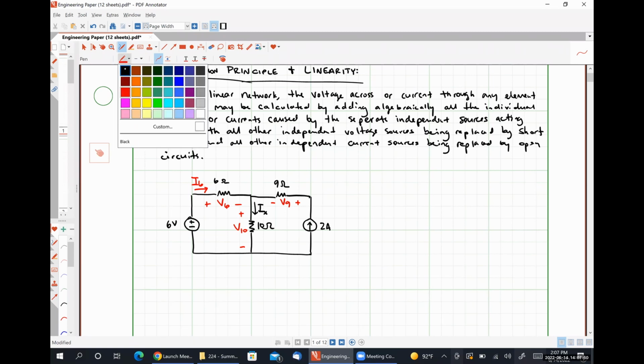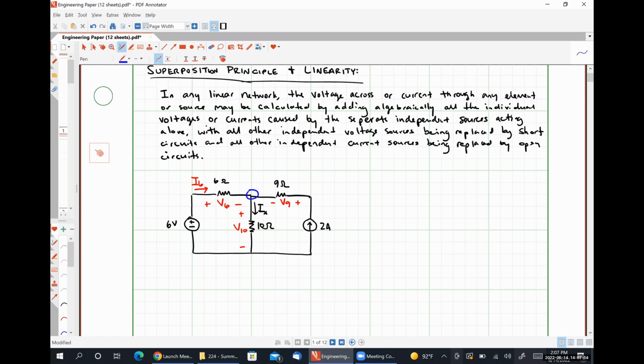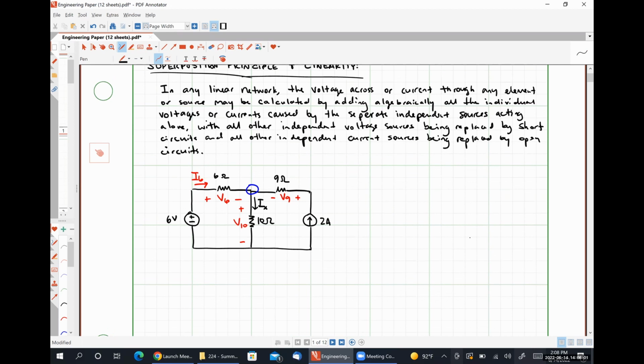So what I'm going to do now is apply Kirchhoff's current law at that top middle node. And I'm going to say that all of the currents that are leaving are positive, and all of the currents that are entering the node are negative.